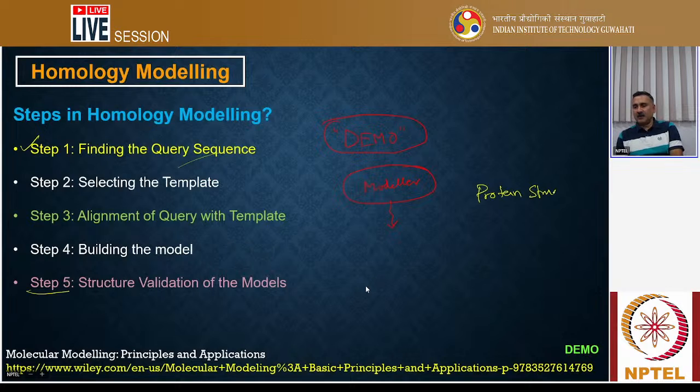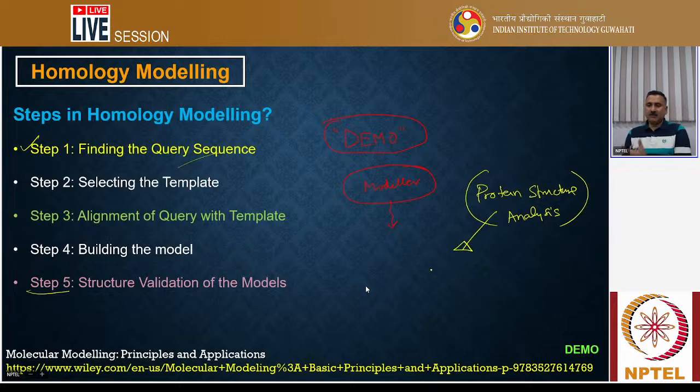Using this protein structure analysis, you can get a detailed insight into the protein: what the function of this particular protein will be, what its role is in catalyzing a particular reaction, what part of the protein is participating in accepting or converting the substrate, what crucial amino acids are present, and so on.